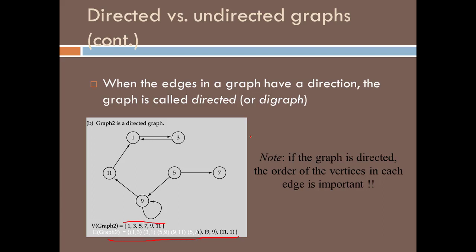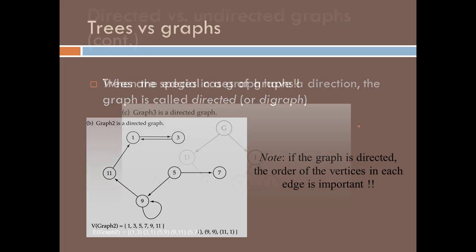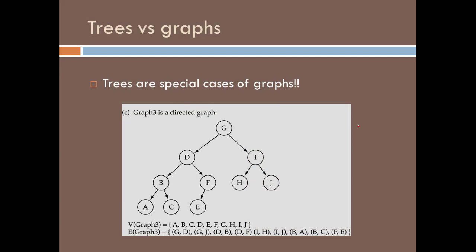As we have seen in the previous slide, 1 comma 3, for example, is different from 3 comma 1, but in the case of an undirected graph it will have the same meaning, like 1 comma 3 explicitly means 3 comma 1 is also there inside.